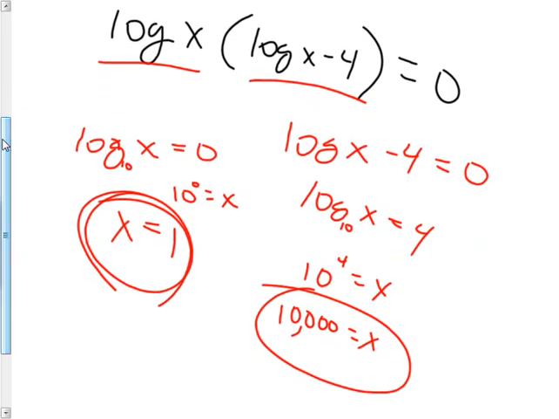Because, did you get that when this log didn't have a base here, it was really a 10? Okay, and then I just rewrote this as 10 to the 4th equals x. That's what you do to rewrite these. Remember that? Okay. 10 to the 0.